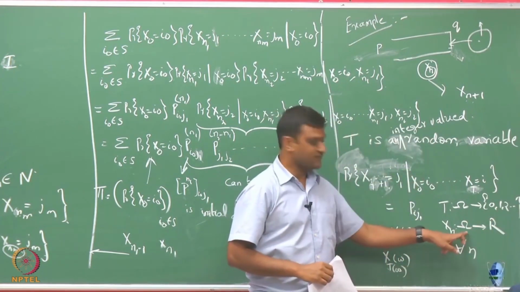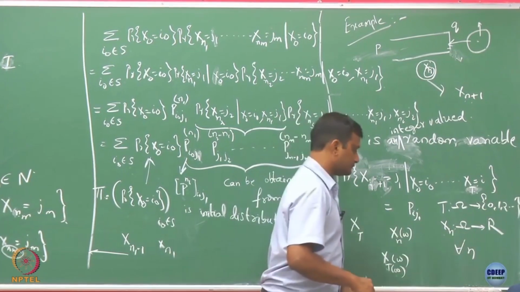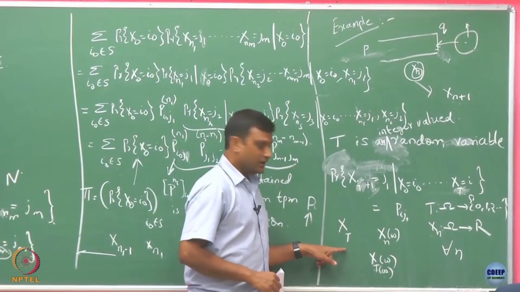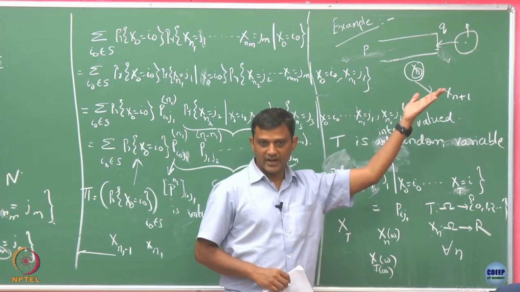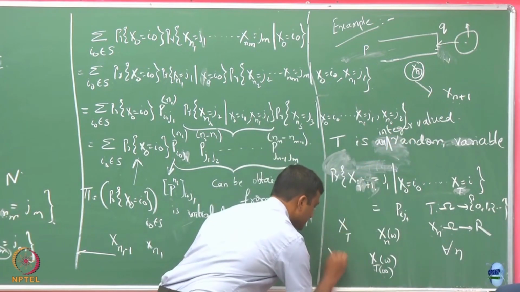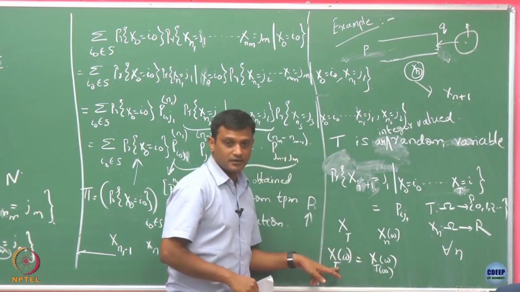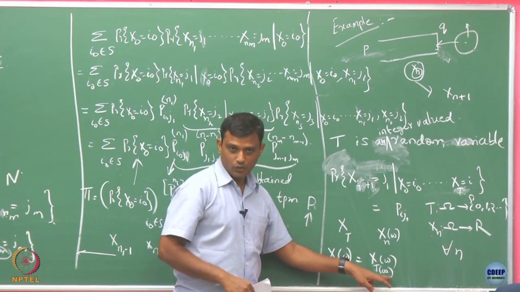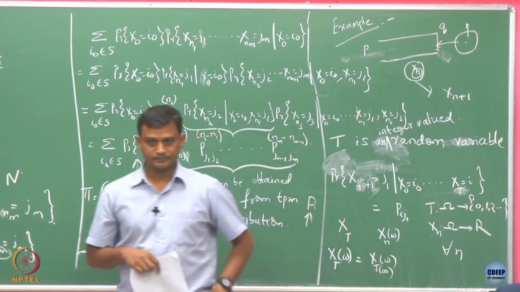All my X_n's are defined on the same sample space. Now when I say X of T, I am not specifying which index n, I am just specifying a random index. So when I write X_T of omega, it means first look at the index at the sample point omega, and then look at its value at this omega.